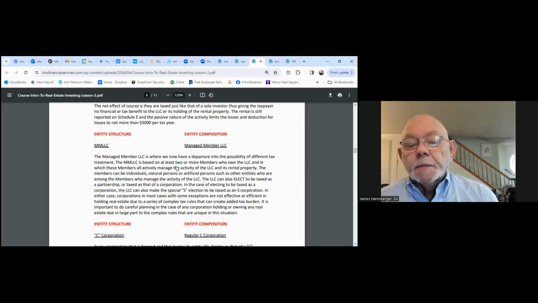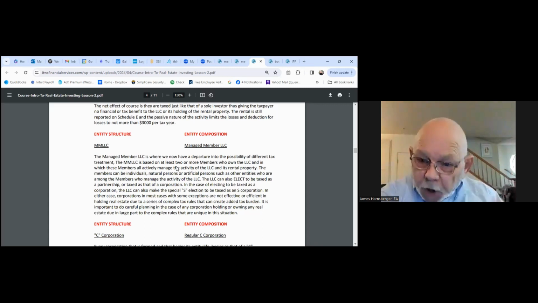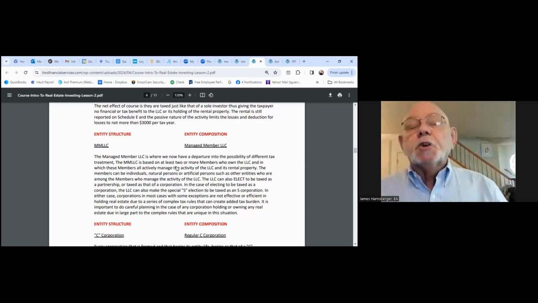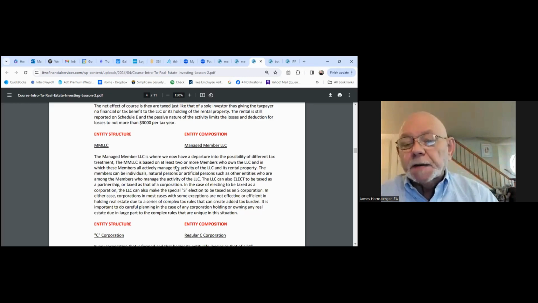We have basically a departure into the possibility of doing a lot of current and short and long-term planning that gives us a huge menu of things that we can do. This is why I prefer this particular structure, because of all of the opportunities it affords us in terms of planning, both today and in the years ahead when we're going to have some future disposition.